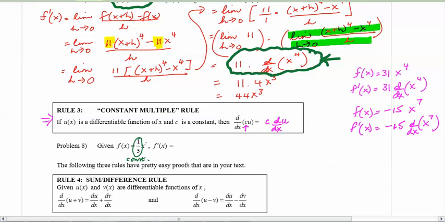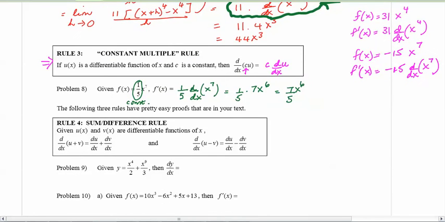So if I want the derivative of this, I just simply take the constant out and I differentiate my x to the 7th, and that's going to be 1/5 times the derivative of x to the 7th, we use the power rule, 7x to the 6th. So I would get 7/5 x to the 6th. Okay?